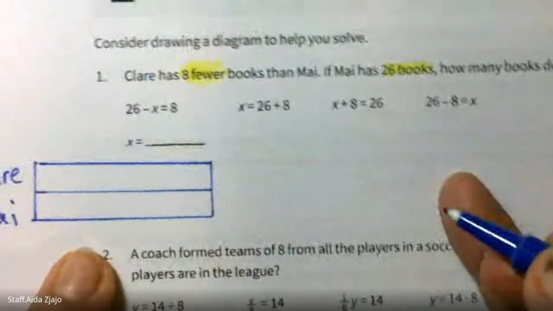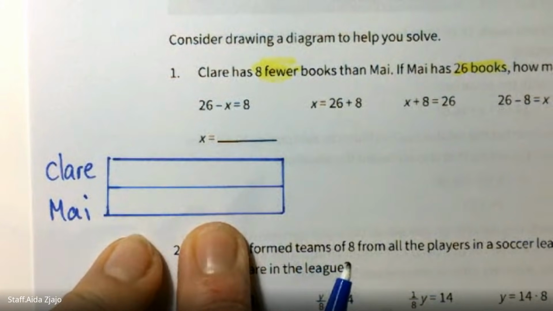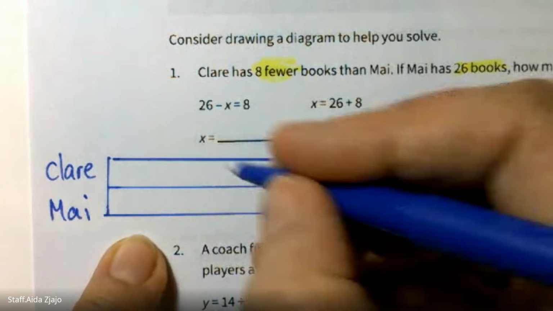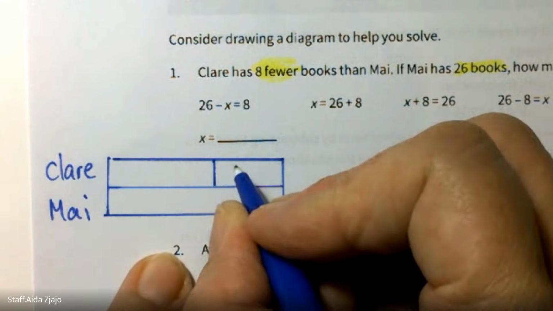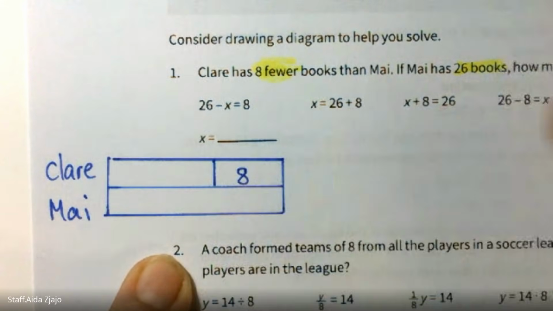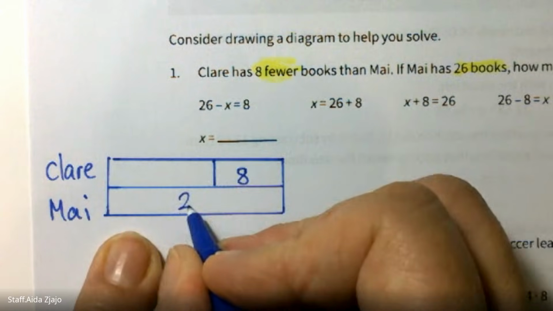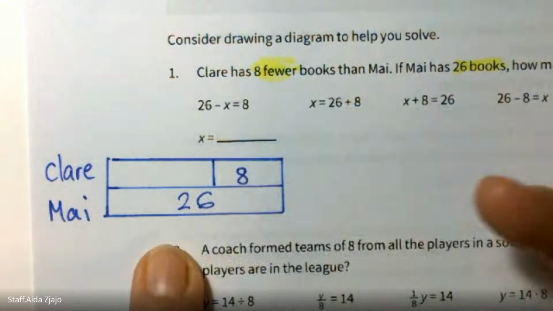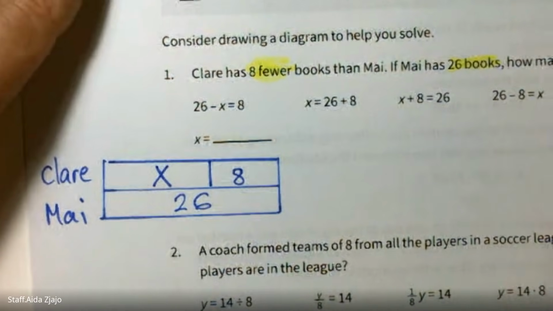But the story says Claire has fewer, so 8 fewer. So this much is 8 fewer. And then they say Maya has 26. So how much does Claire have? Claire is our x. We don't know what Claire is.